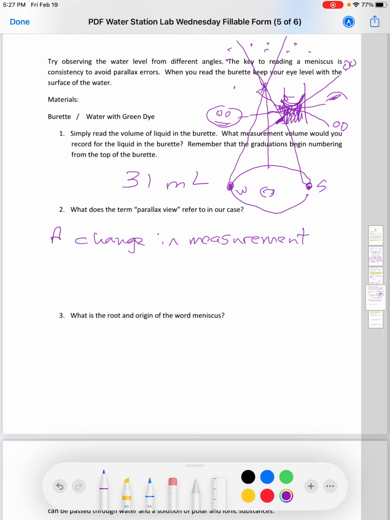So our measurement changes when viewed from different positions. And that is why when we do a titration and we are using these burettes later in the semester, we need to make sure we view them from the level of the bottom of the meniscus and that we're parallel with that. And then it says, what is the root and origin of the word meniscus?